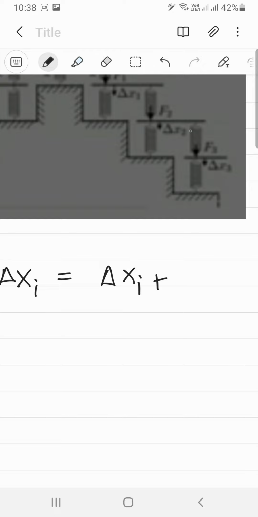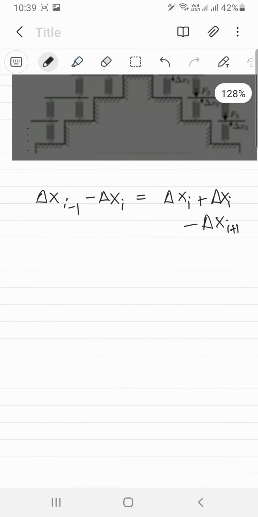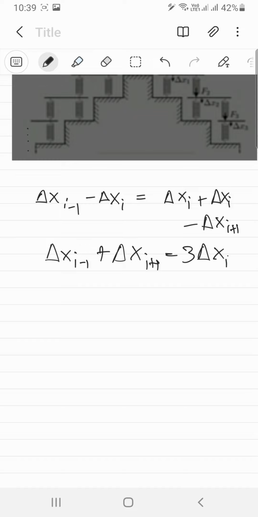For this one, the platform is down by delta x3, so the compression is delta x2 minus delta x3, so this will be delta x i minus delta x i plus 1. Hey, so we got a recursion, really nice. So delta x i minus 1 plus delta x i plus 1 is equal to 3 delta x i.